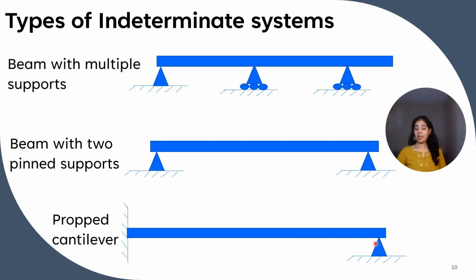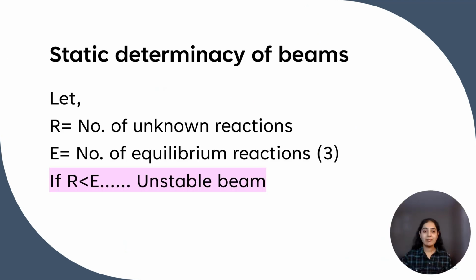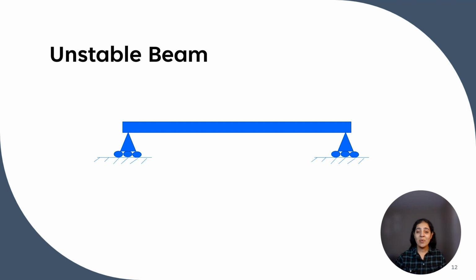Can you verify whether these are indeterminate or not? If R is less than E, then it is an unstable beam. Can you verify whether this is an example of an unstable beam or not?